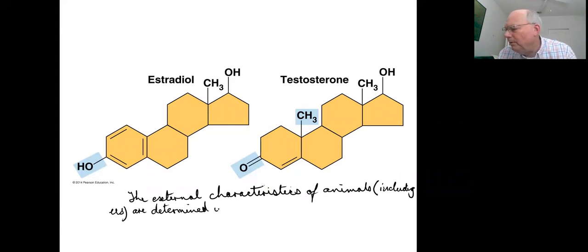are determined by which hormone predominates during development.